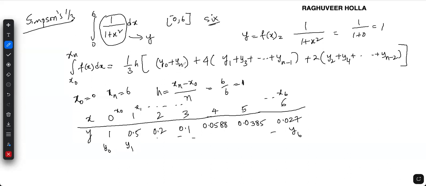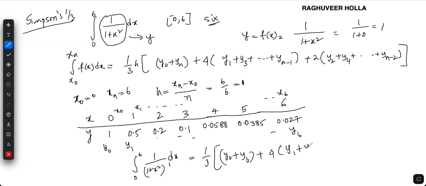Comparing with the formula, the integral from 0 to 6 of 1 by 1 plus x square dx is equal to one-third of 1, multiplied by y naught plus y6, plus 4 times the odd terms, y1, y3 and y5, and 2 times y2, y4.